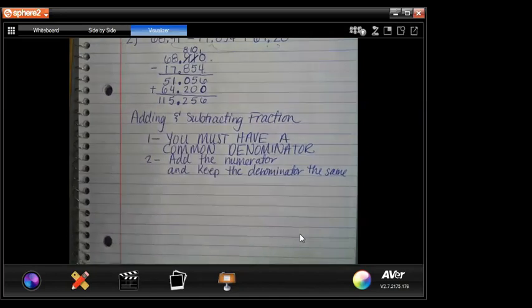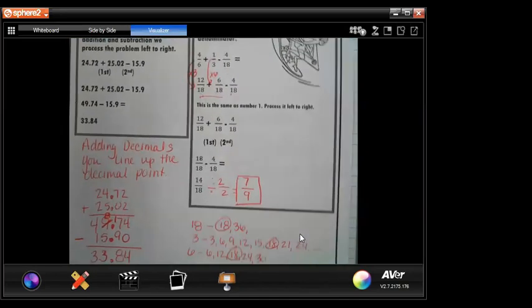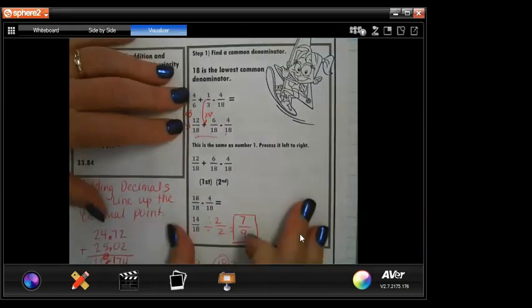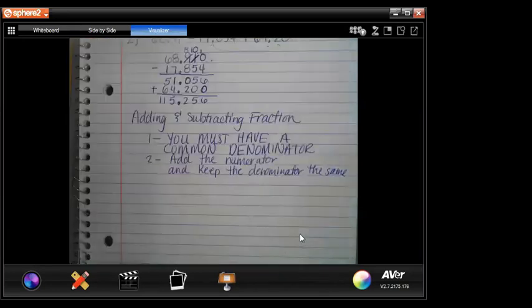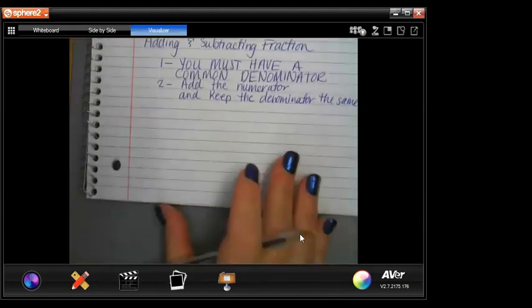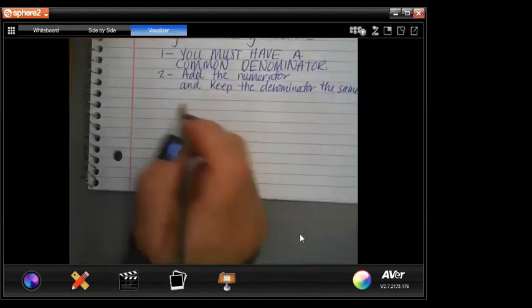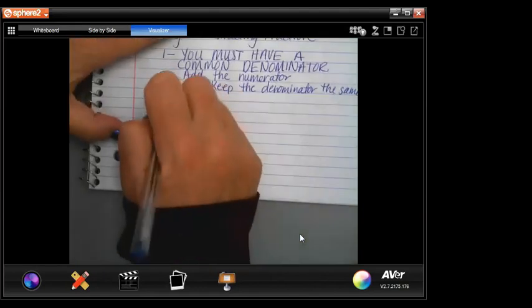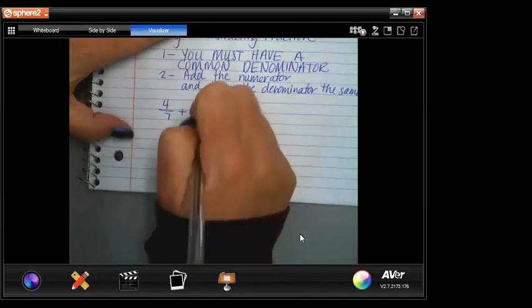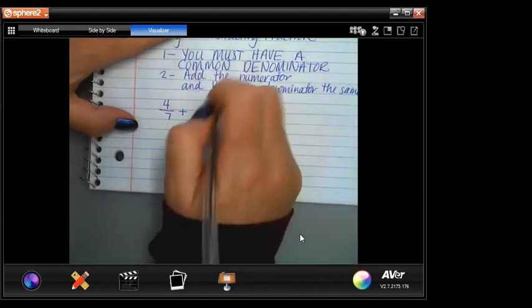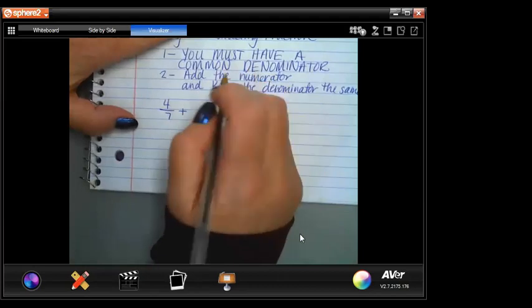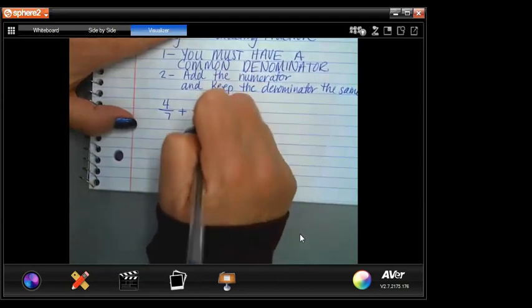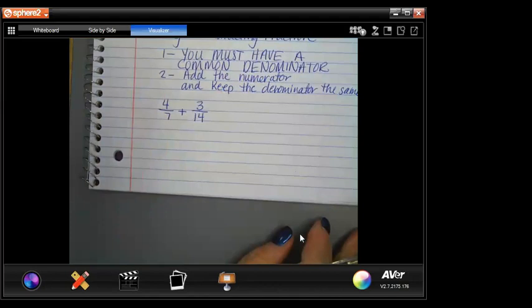All right. Okay, so with that being said, let's take a quick peek at this example. So actually, we're going to start off with an easier one first. Well, not easy, but easy enough. Let's start out with 4/7 plus 3/14. 4/7 plus 3/14.